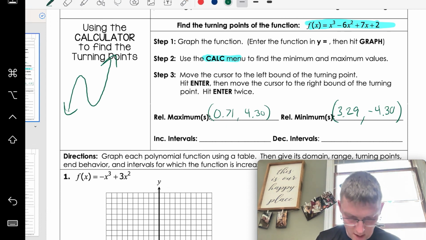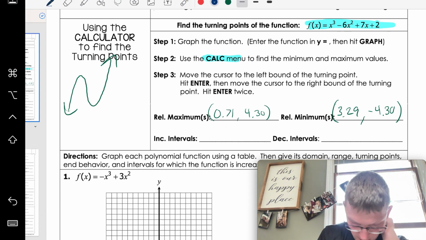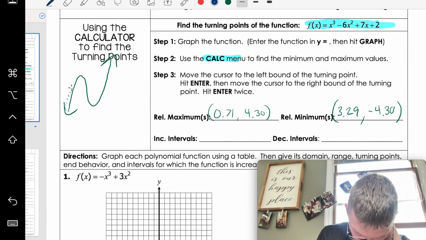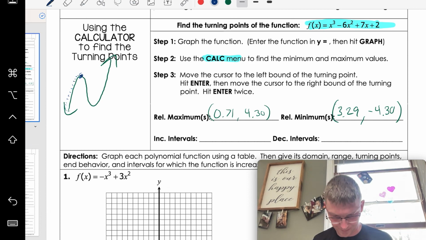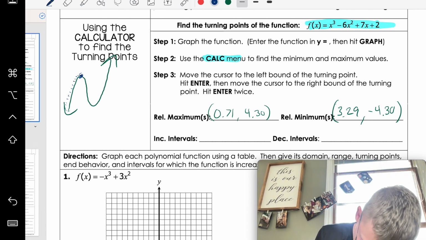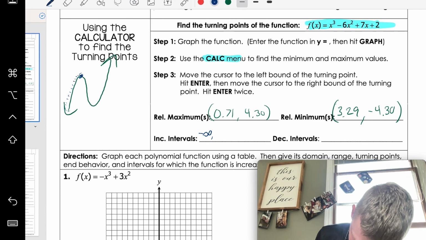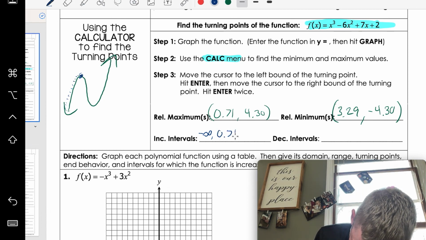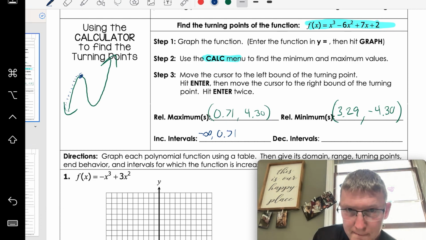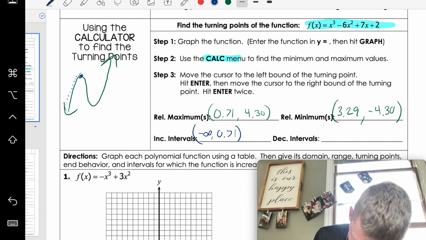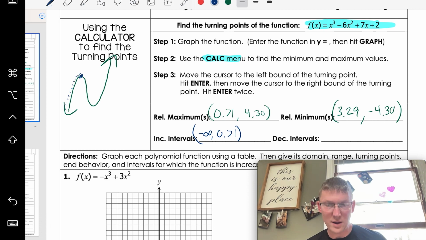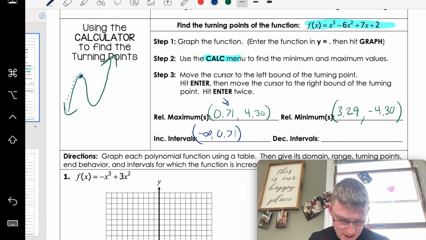Our increasing interval is going to be right here, where it's getting bigger up to this maximum. That means it's going to be negative infinity to our x value, which is 0.71. Remember, this is an interval, whereas this is a point.